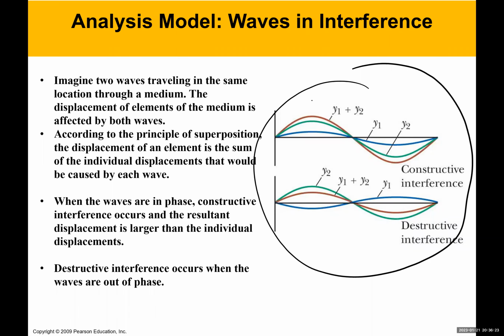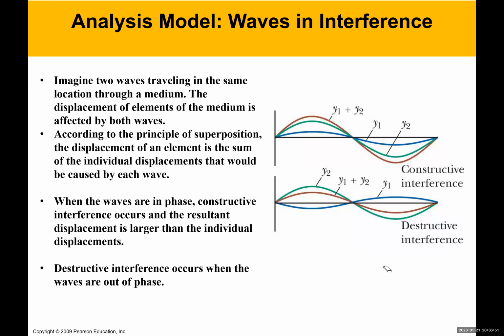Whenever they interact, you get the superposition between them. The brown represents the superposition, y1 plus y2. So here's this one plus that one, and this is basically the superposition of them.